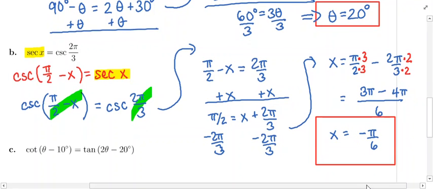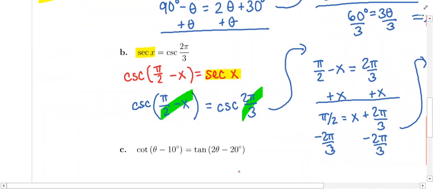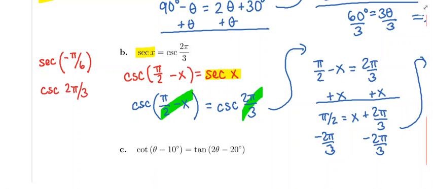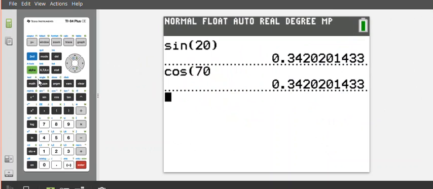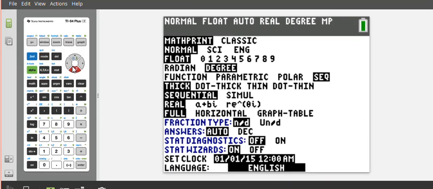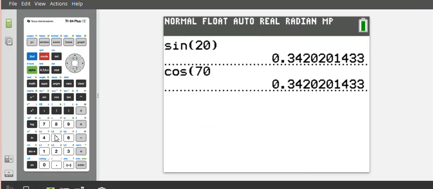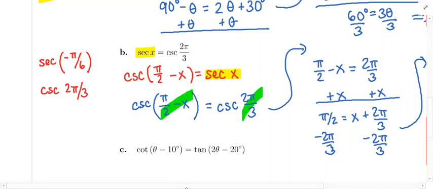We can check ourselves by plugging in this x value into the original equation. So we need to look at the decimal expansion of the secant of negative pi over 6 and see if that matches the cosecant of 2 pi over 3. If I go to my calculator, I need to change over to radians. The first thing I'm going to enter is the secant of negative pi over 6.